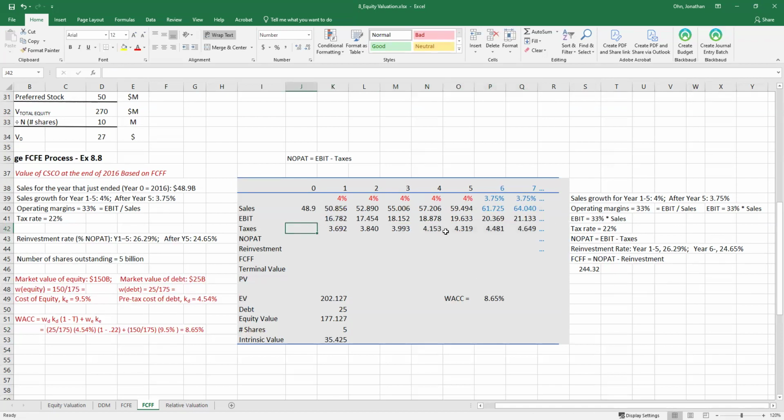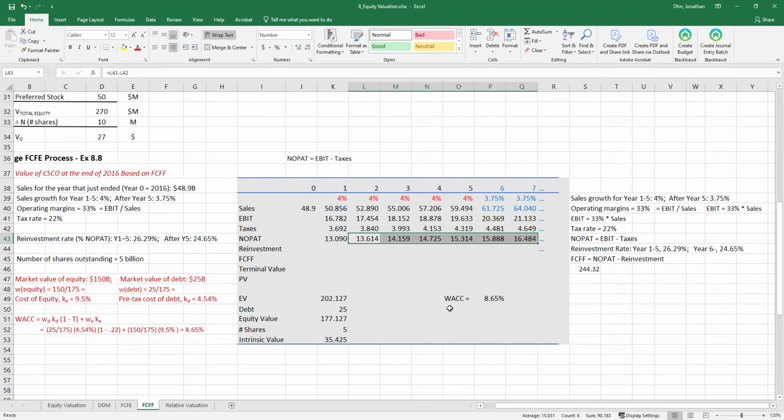Now, as I said, NOPAT is EBIT minus taxes. So $13.09 billion is NOPAT in the first year. Let's copy and paste.